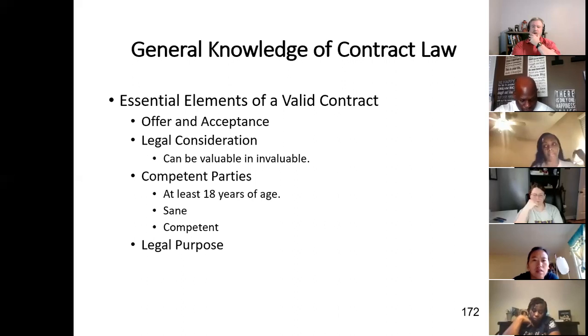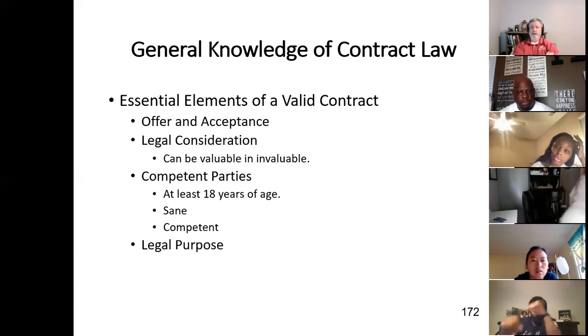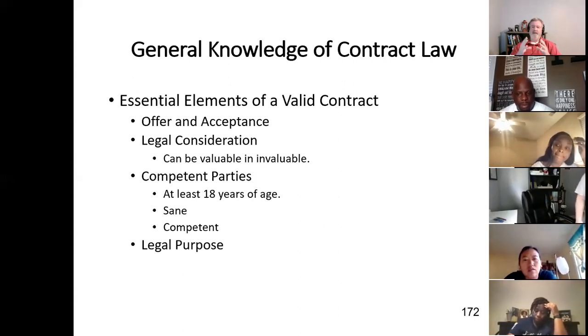So here's what I want to make sure you get. Let's look at an example, because they may give you a scenario like this or similar to it on the exams. Say you've got two parties who want to get together and negotiate a deal, buying and selling of whatever.